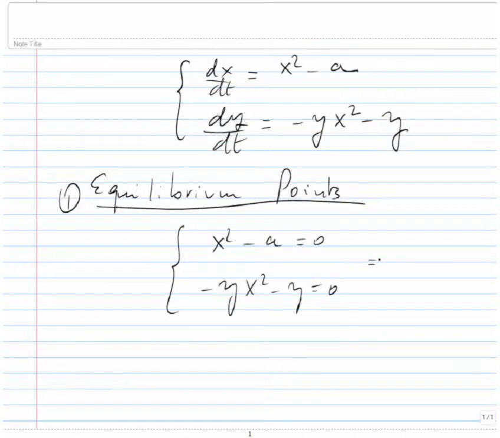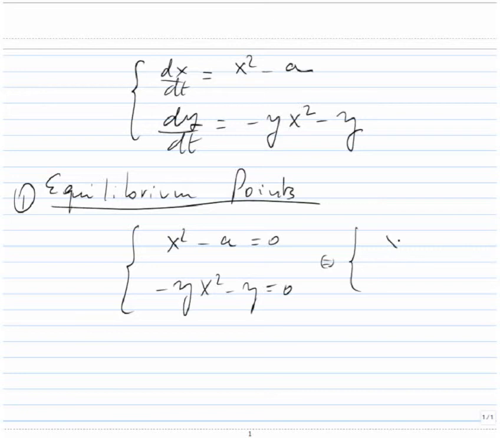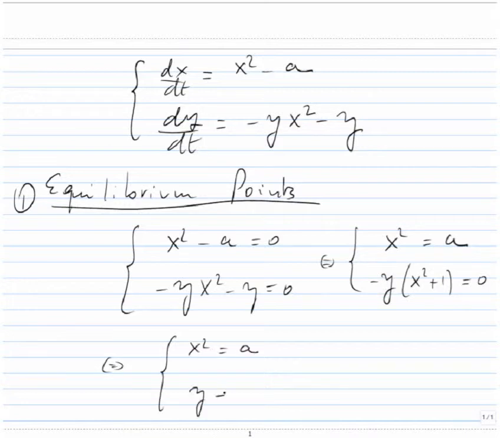The first equation will give us x squared equal a, while the second equation will give us minus y times (x squared plus 1) equals 0. Clearly, x squared plus 1 will never be equal to 0. Therefore, we have x squared equal a, and y equals 0.